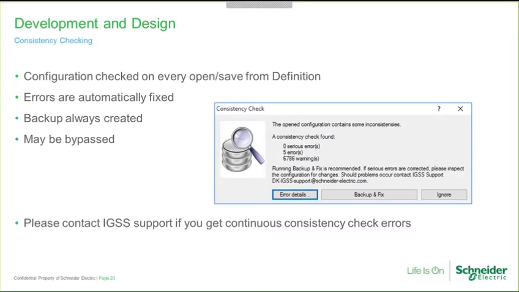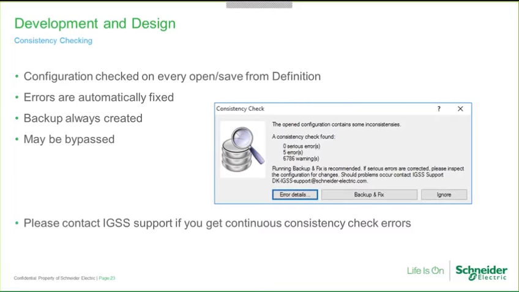We hope that this will add to the stability of IGSS, that whenever you save, you will be notified if the operation you just performed has added some inconsistencies. Hopefully you'll let us know, because then we can fix whatever bugs might be in this area. You can still bypass this by saying ignore.